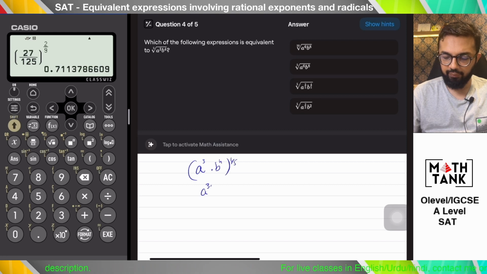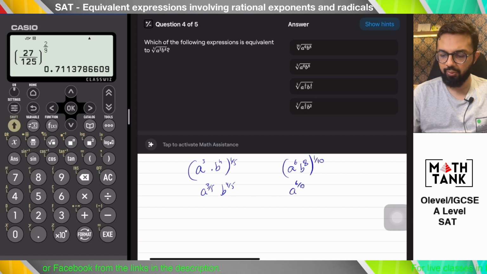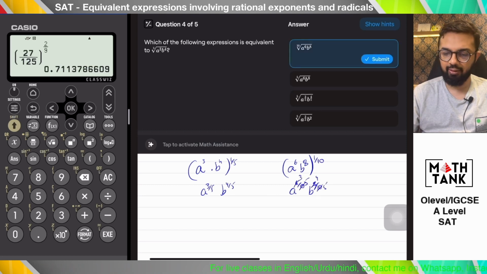A power 3 over 5 and b power 4 over 5. Okay, none of these is a correct answer option. C is not right. D is also not right. Okay, let's check A. It says a power 6, b power 8 into power 1 over 10. I think those numbers sort of reduce and give you this answer. Okay, that's 3 over 5 and that's 4 over 5. So A is the correct answer option.